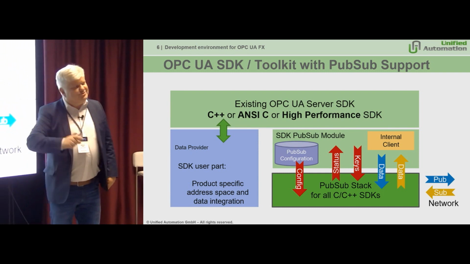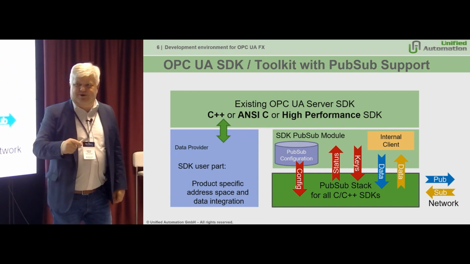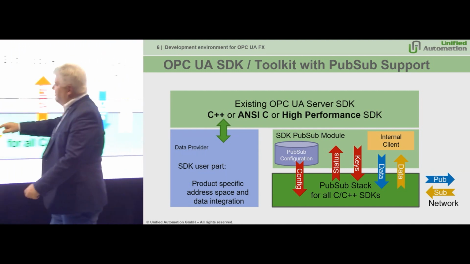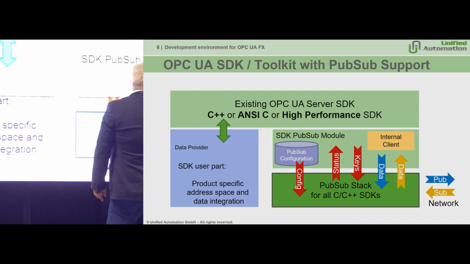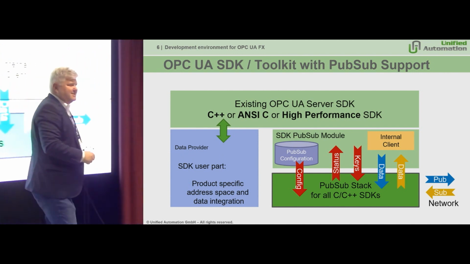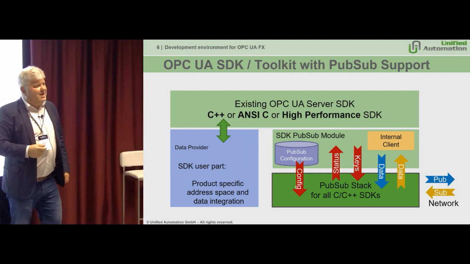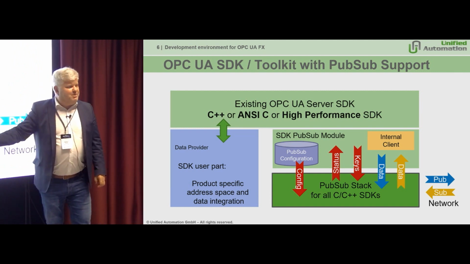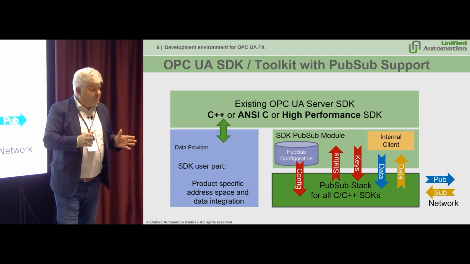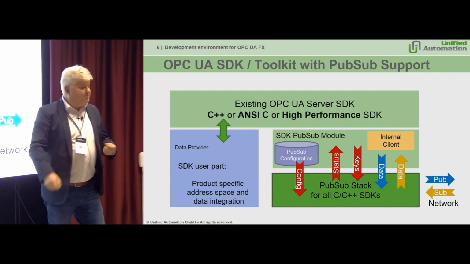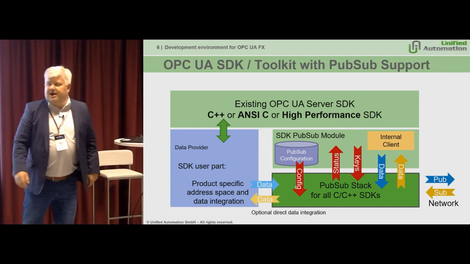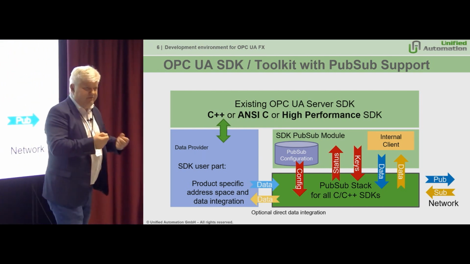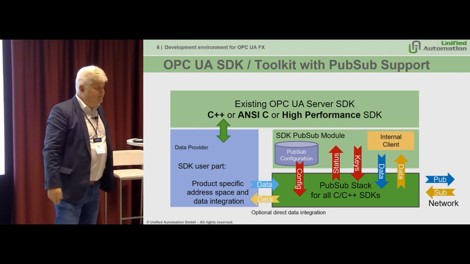That's not totally true, because when we talk about real-time data, you don't want to send the data through all these layers up and then down and then out to the network, because that kills the real time. But it's the same idea: in the first step, you can just add PubSub without any additional code. But then if you want to optimize your product, you can also do direct data integration to cover these real-time use cases and be more efficient.